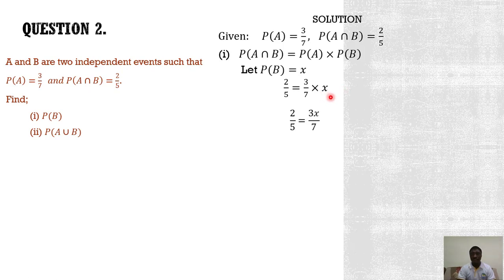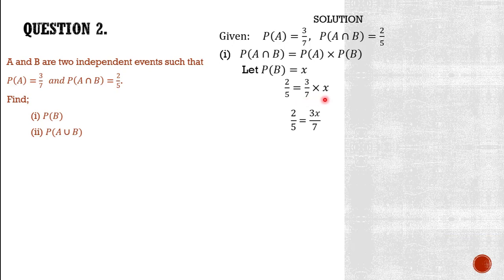Now I want to simplify this. You know, 3/7 times x will give us 3x/7. Do you get it? Now when you simplify this, we are going to get 3x/7.